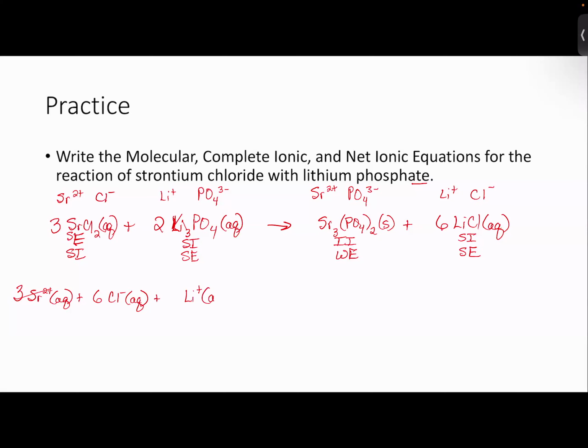The ions will have the same state of matter as their parent compound. Now, I have 2 Li3PO4, which means I have 2 times 3, or 6 lithiums, and I have 2 times 1 phosphate unit, or in other words, 2 phosphates.